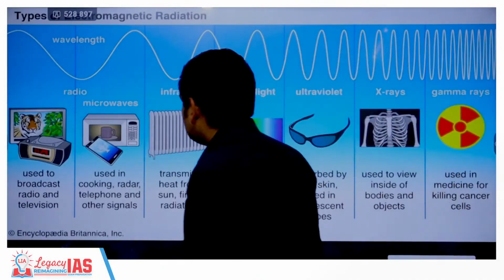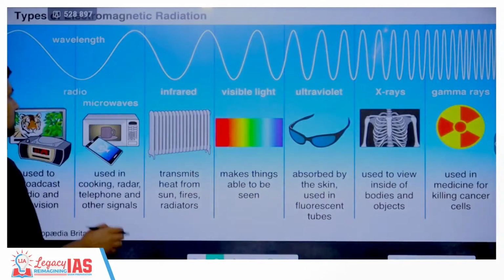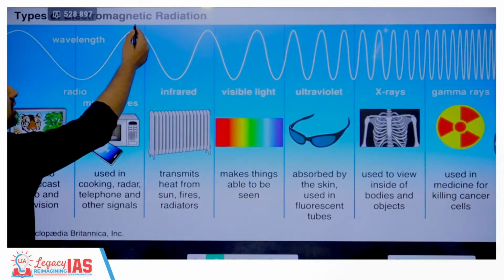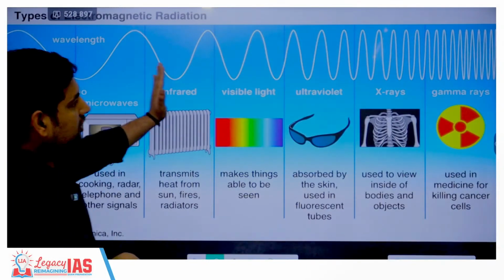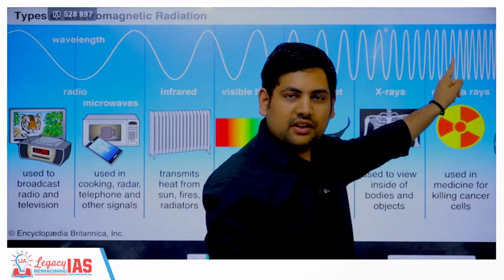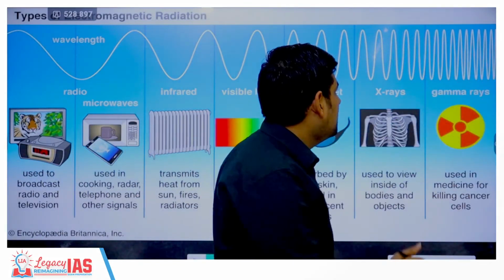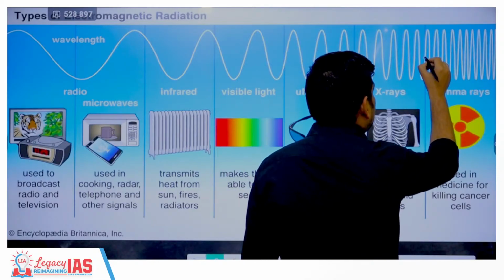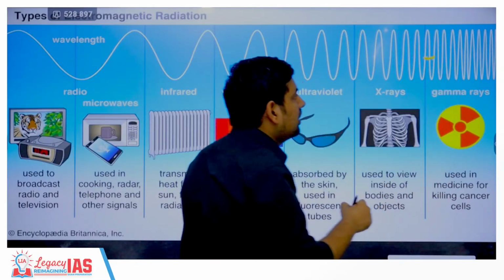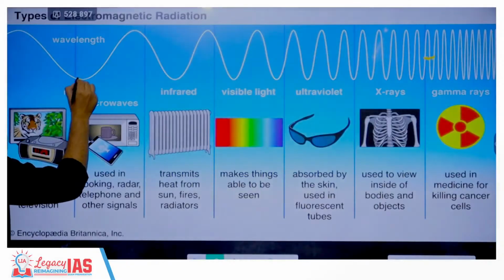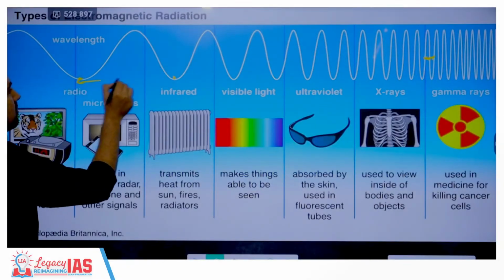Let's see this. Now you can see it clearly here also. As you can see here, wavelength is more, and slowly wavelength is becoming smaller and smaller. Here the wavelength is just from here to here, very small, and if you see from here to here, the wavelength is much bigger.